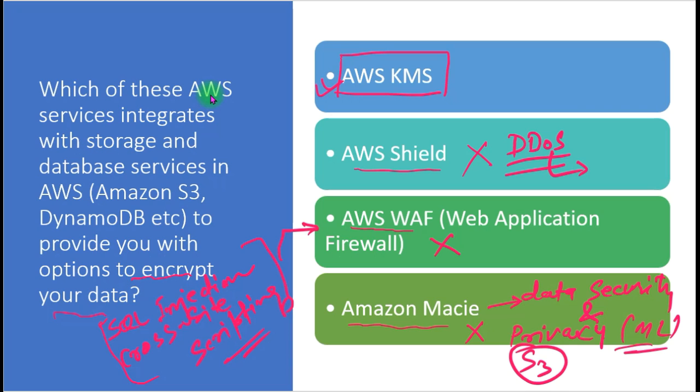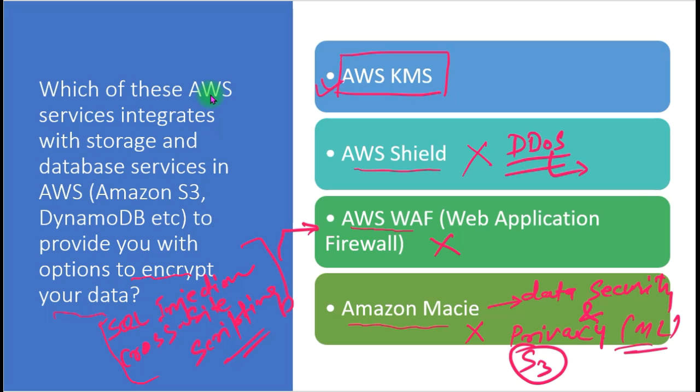So let's understand what exactly this service is. AWS KMS service helps us to generate, store and use our keys in AWS. These keys will be used to encrypt our data.